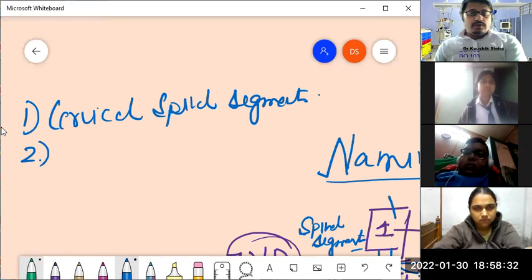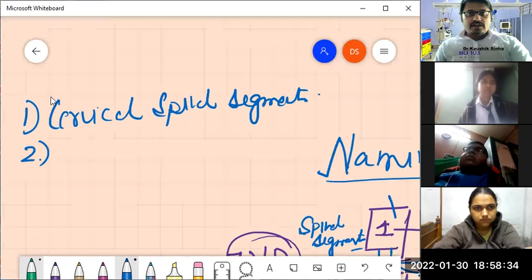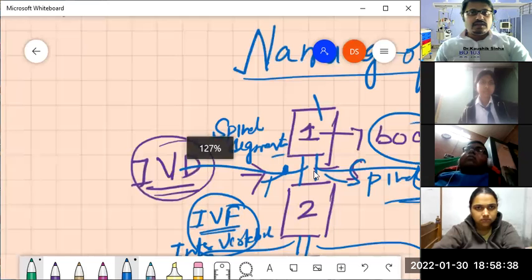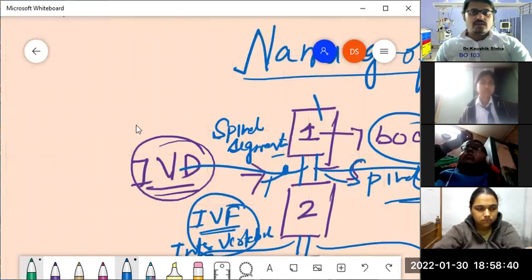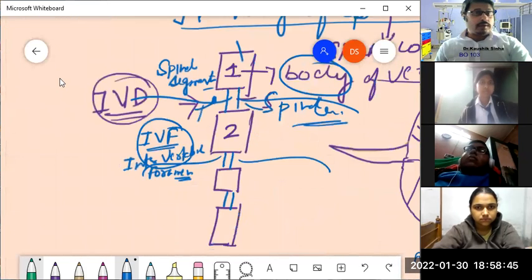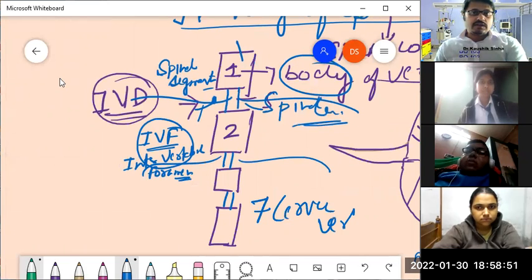Now, as I have illustrated here, segments are the areas in between the bony structures. We know that in the neck area, from the vertebral column perspective, we have 7 cervical vertebrae. Right? We know that.